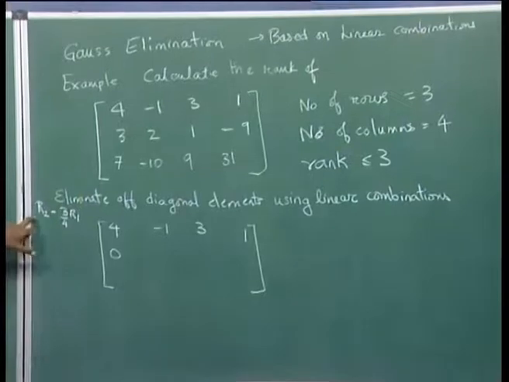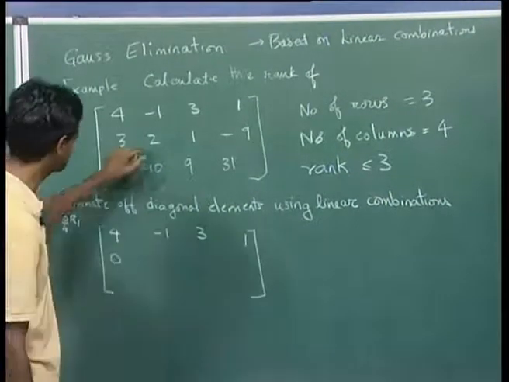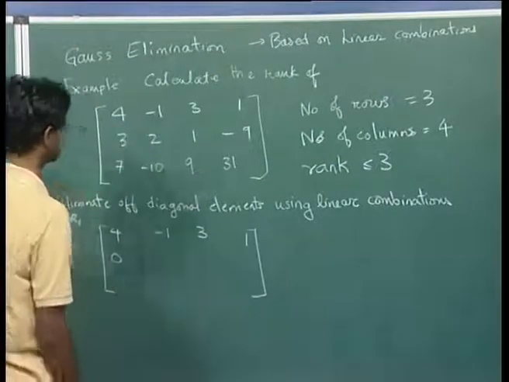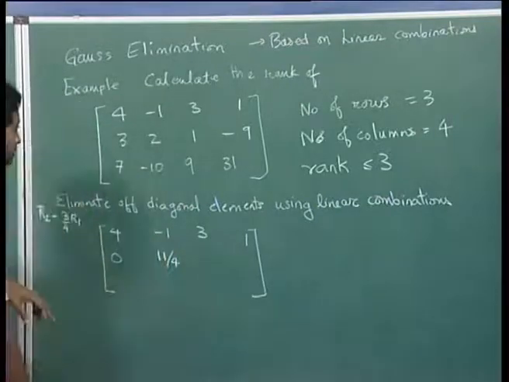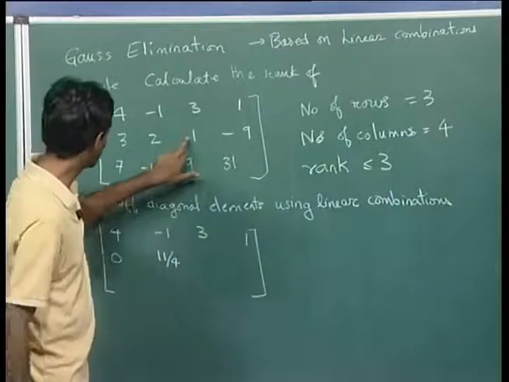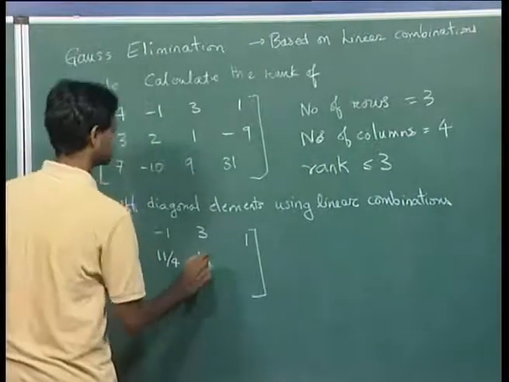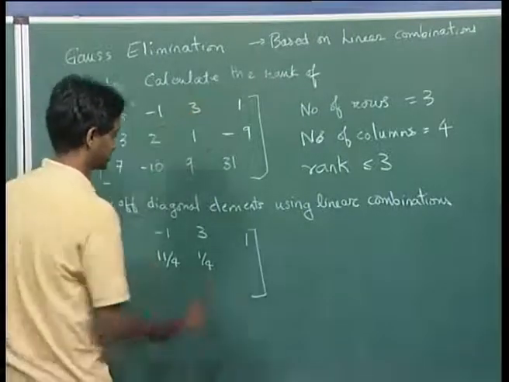From the second row you subtract 3/4 of the first row, and if you do this, you will get 2 plus 3/4, that is 11/4. This is 1 minus 3/4, that is 1/4.